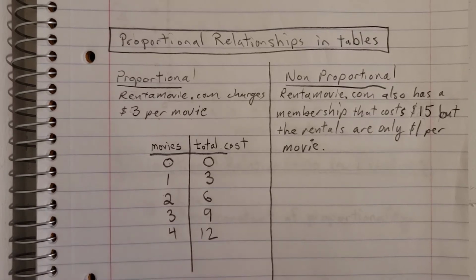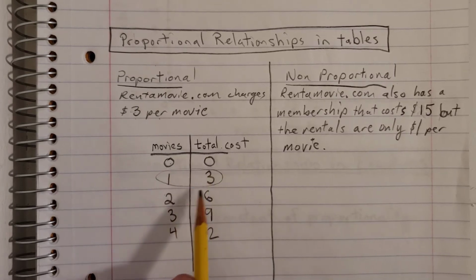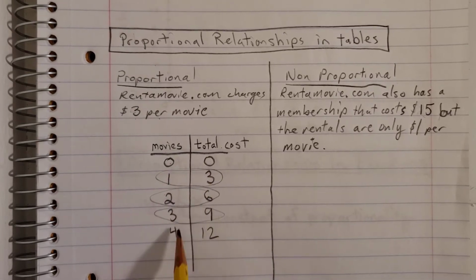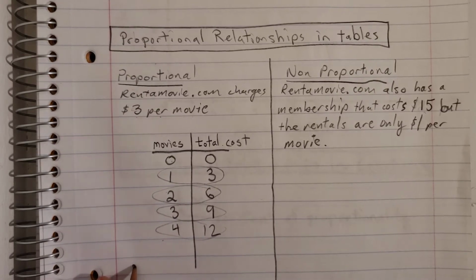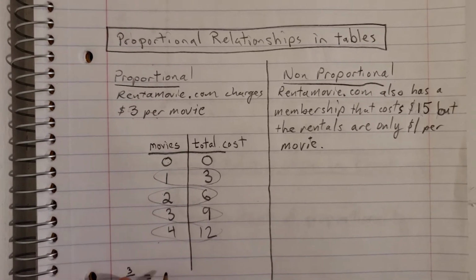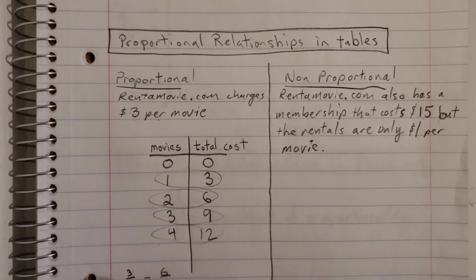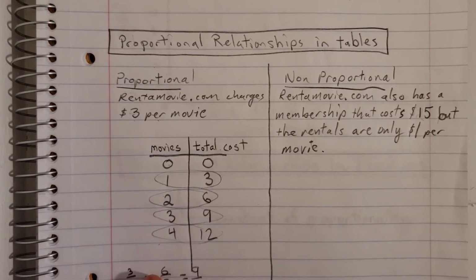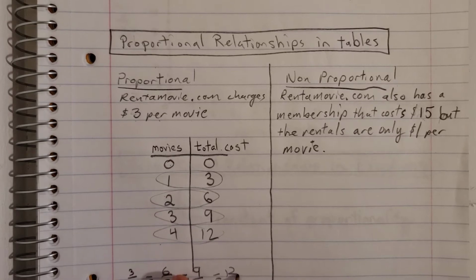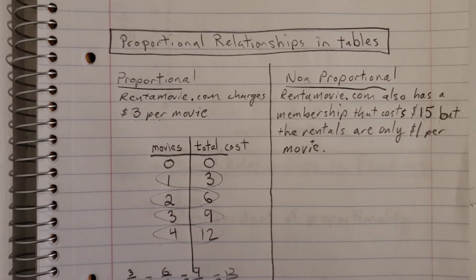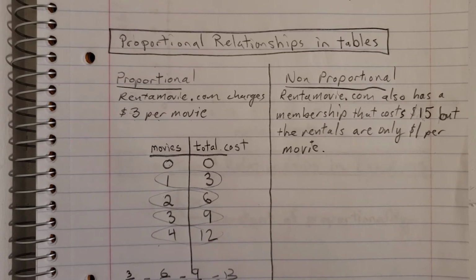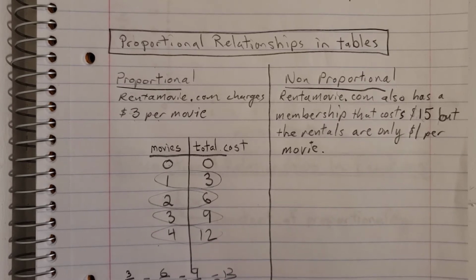All right, why is this a proportional relationship? Because when we take each of these pairs, the non-zero pairs, and write them as ratios, all right, 3 to 1, 6 to 2, 9 to 3, and 12 to 4, they all simplify down to 3 over 1, which represents $3 per movie.